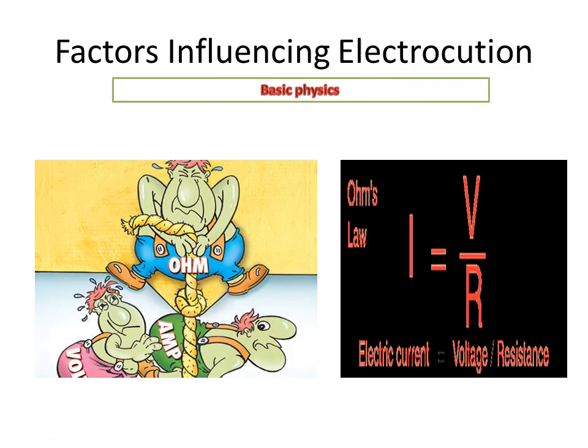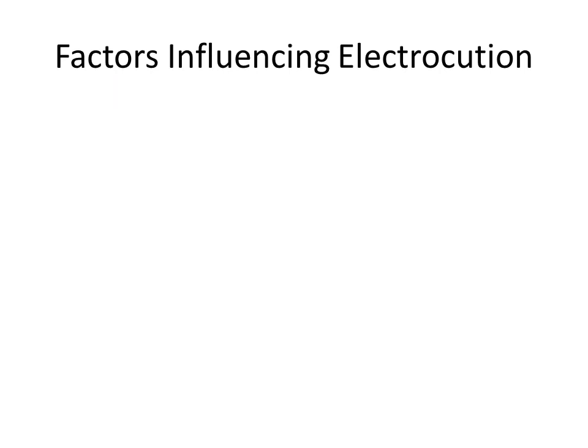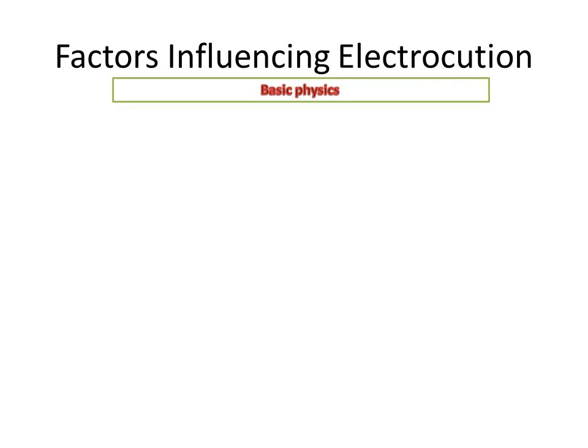This Ohm's law is depicted by this picture as we have seen. I is equal to V by R, where I is the current strength, V is the voltage, and R being the resistance. The next important law in this section is said to be the Joule's law.